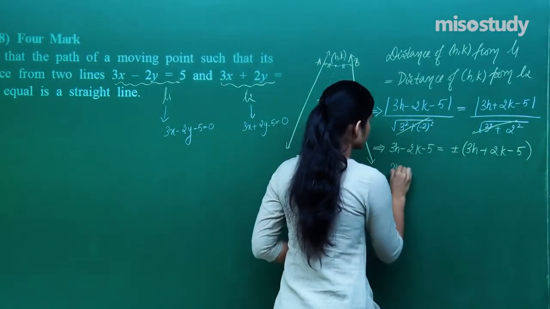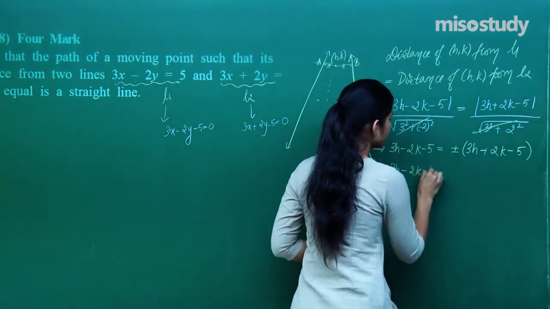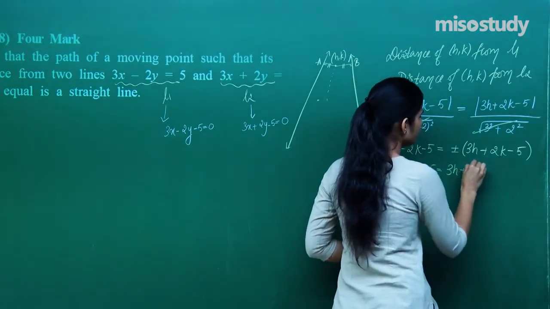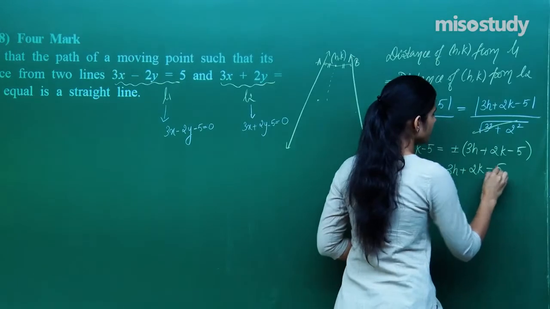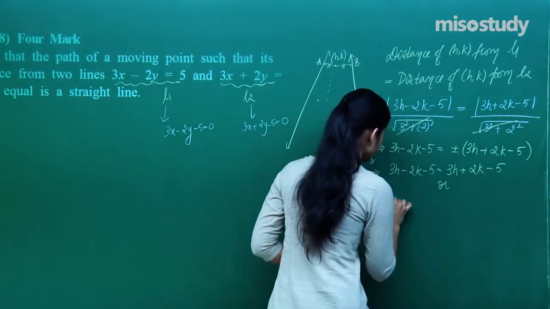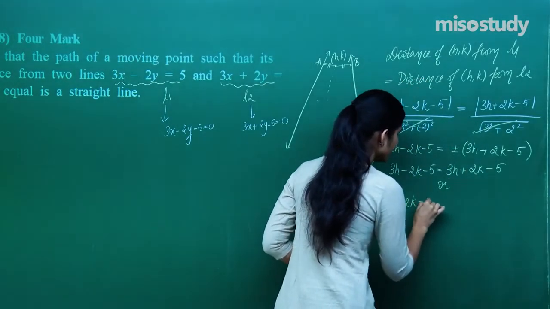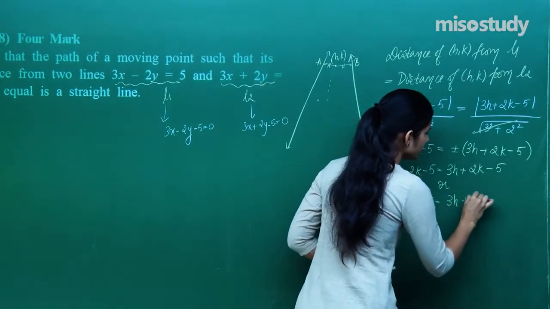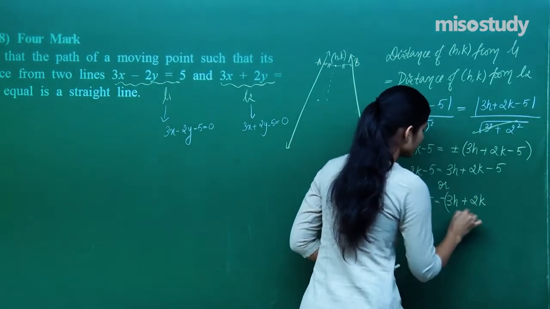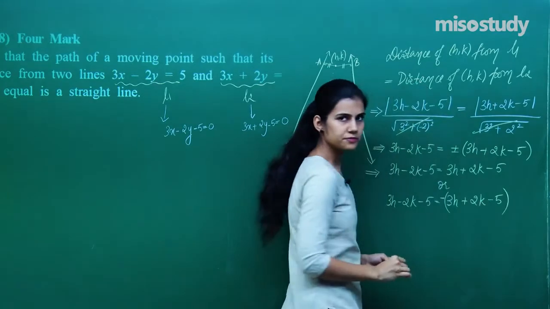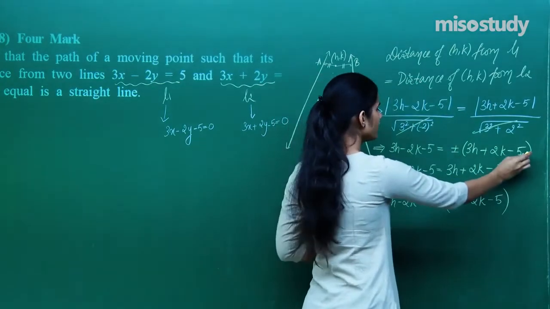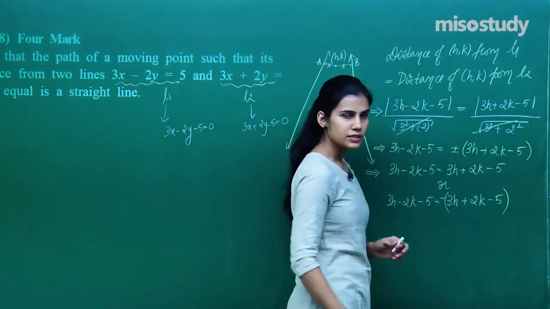So you have two things, 3h minus 2k minus 5 is equal to 3h plus 2k minus 5, or 3h minus 2k minus 5 is equal to minus of 3h plus 2k minus 5. Either this is equal to positive of this or this is equal to negative of this.